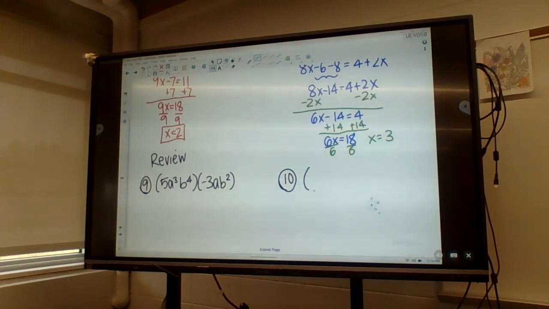Now, neither of these have any negative exponents, but I'll try to start putting some of those into some other problems here.